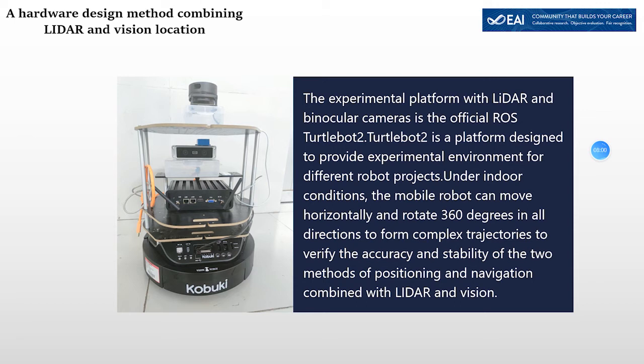Under indoor conditions, the mobile robot can move horizontally and rotate 360 degrees in all directions through complex trajectories to verify the accuracy and stability of the two methods of positioning and navigation combined with LiDAR and vision.